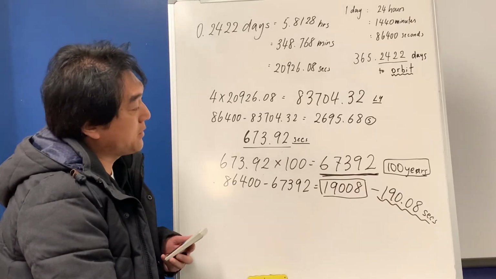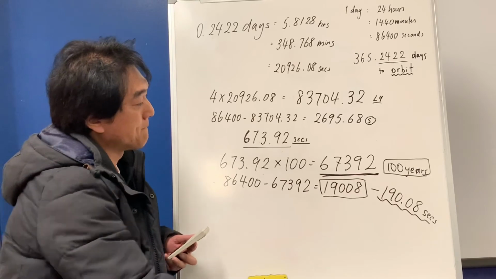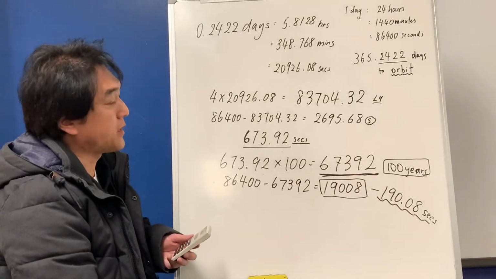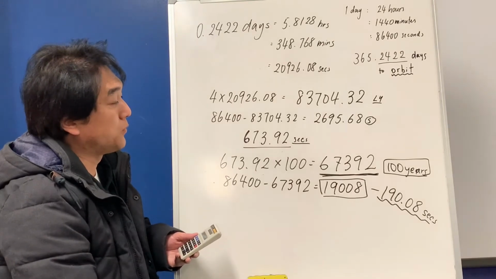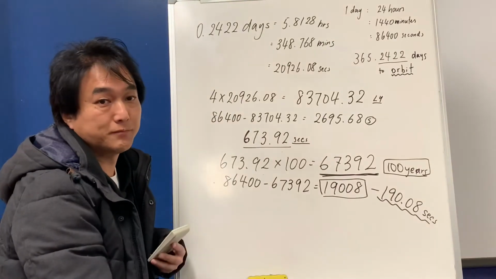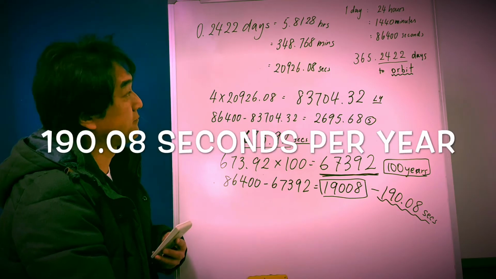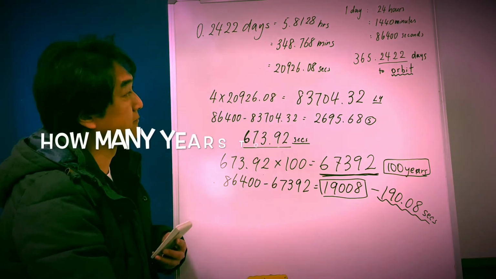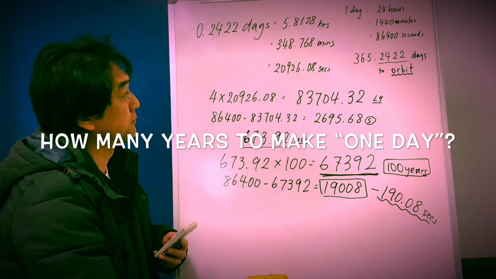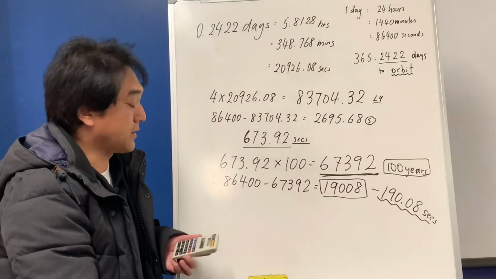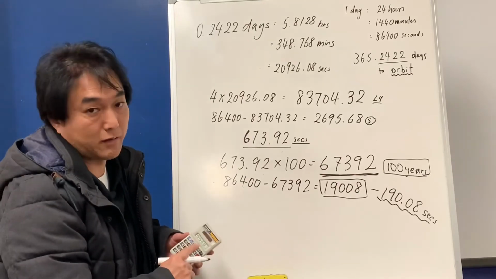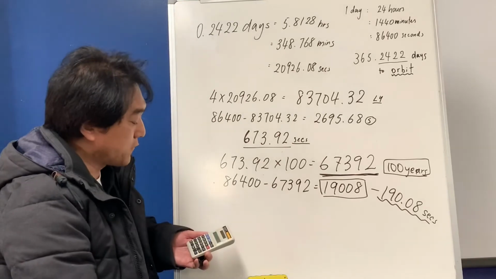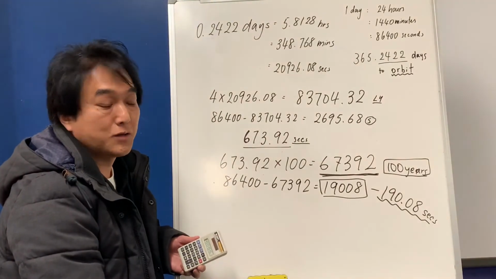So how many years does it take for 1 day if we use that? So I'll pause the video for you. Now, according to my calculator, we need about 454 years to make a day.